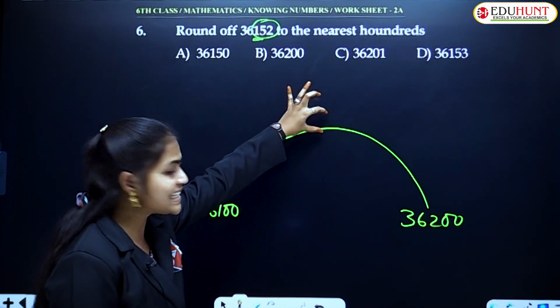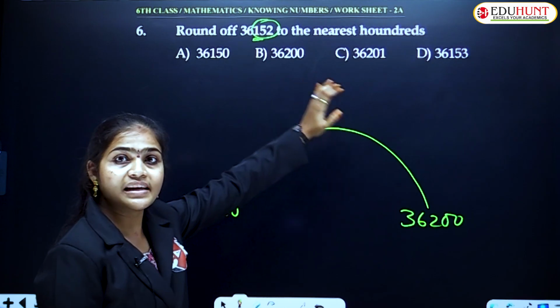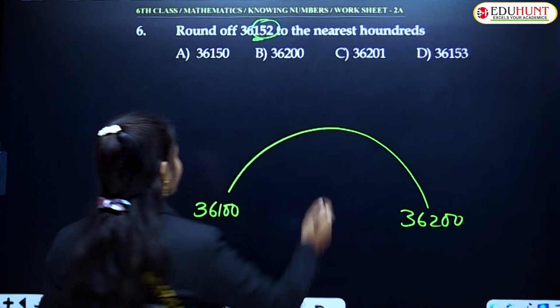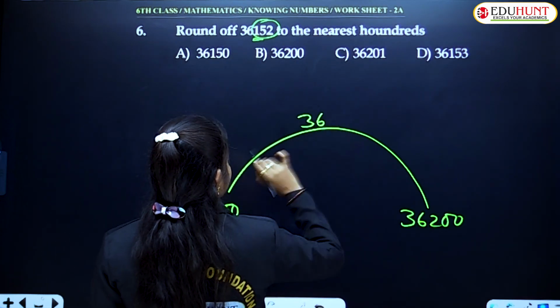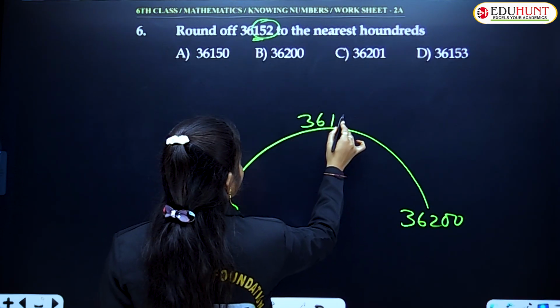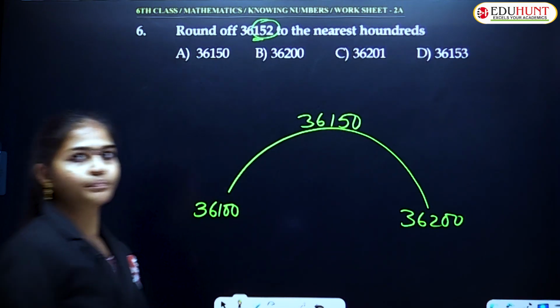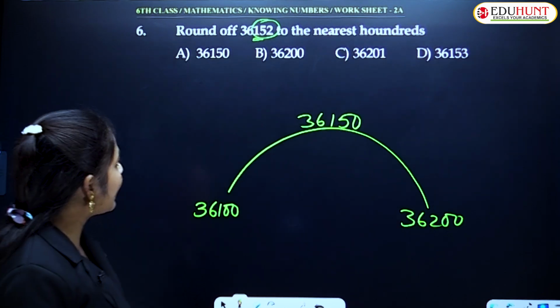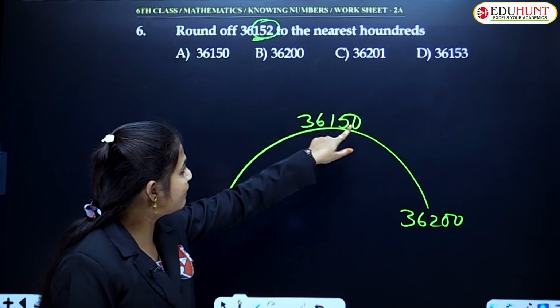Now what is the peak stage? What is the number we have to write? That number should be ending with 5. So 36,150. Why? Because we are writing here 0, 5 and 0.